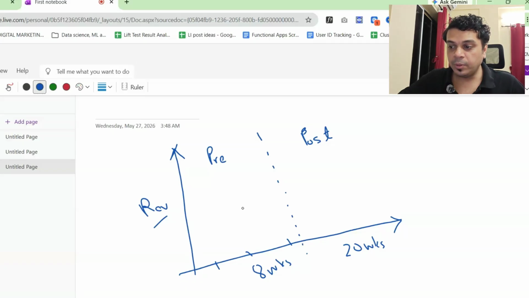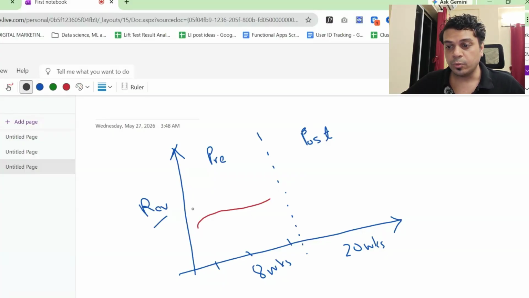So now we're going to consider two different sets of regions: where the test was implemented and where it was not. The first one, where it was implemented, would be the test regions or the test geos. Let's give it this red line here, and let's give the control a black line.